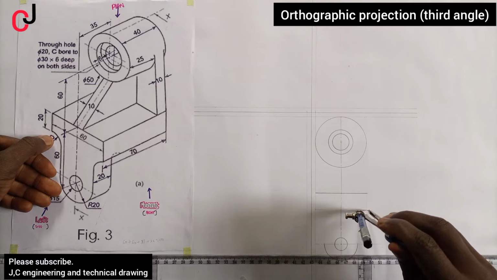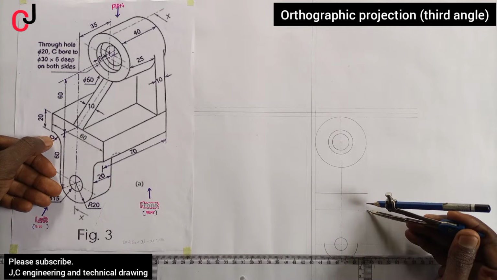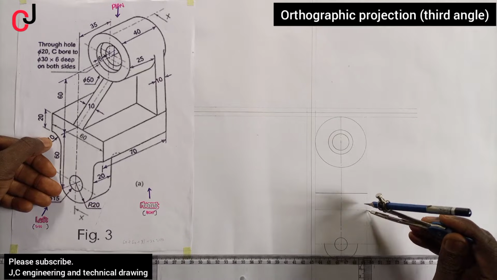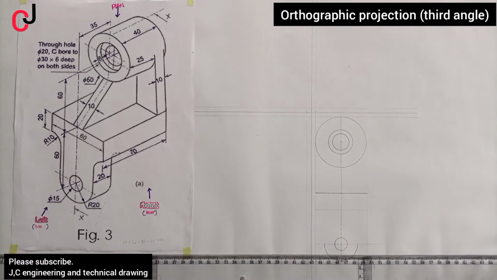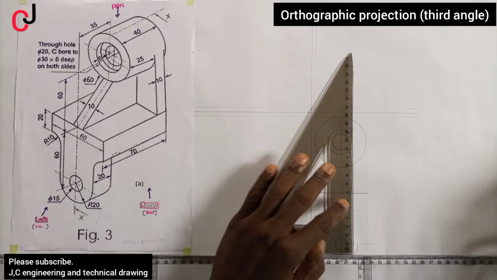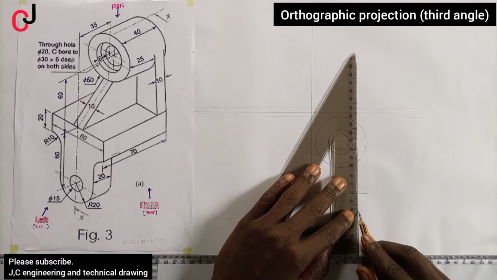So from the side of our image, we bisect the line, give a point, then we'll project downward a little.